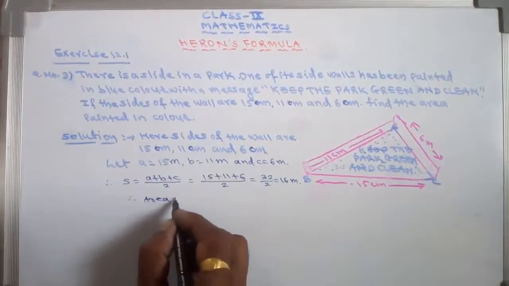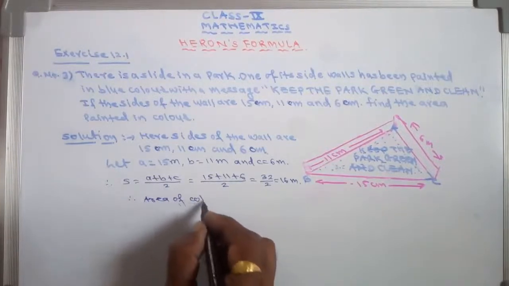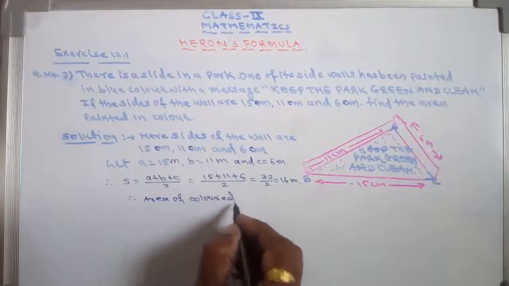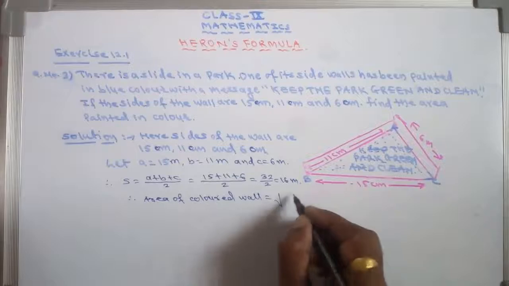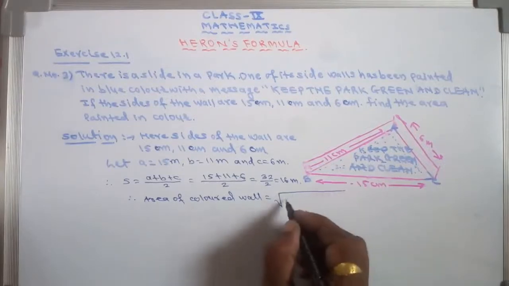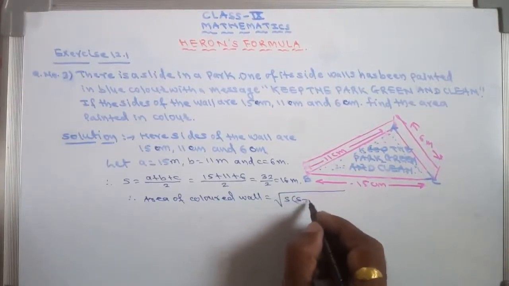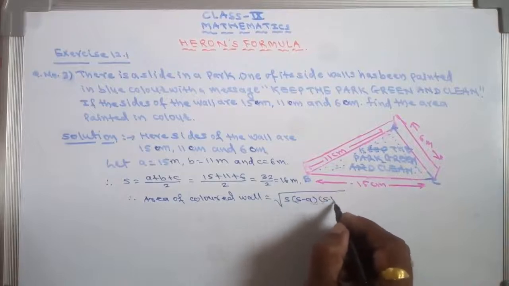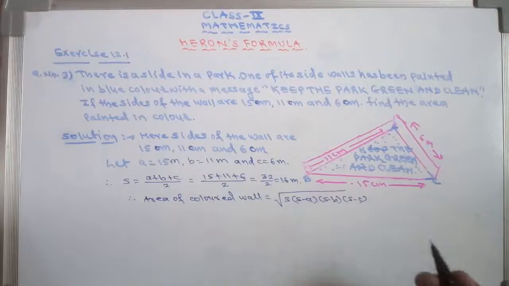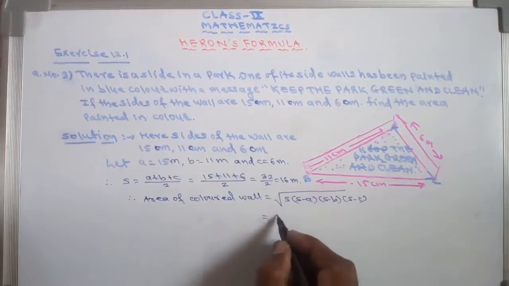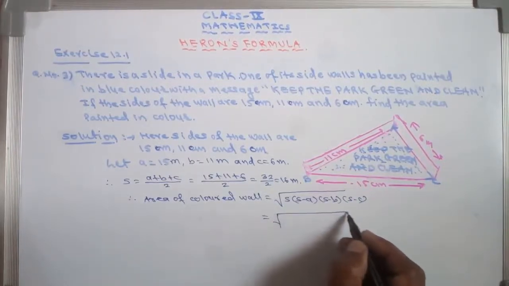Area of colored wall is equal to under root S into bracket S minus A, S minus B, S minus C. Okay, so that is equal to under root, what is S?